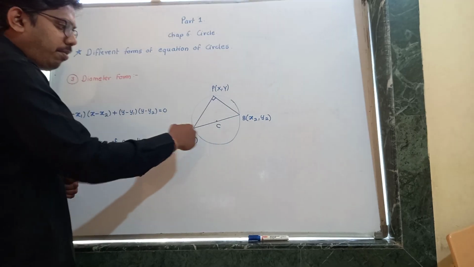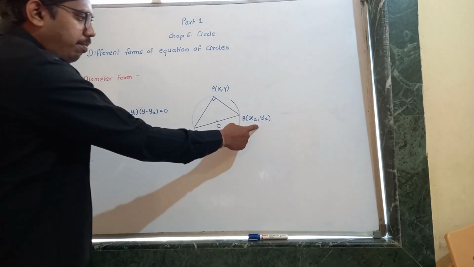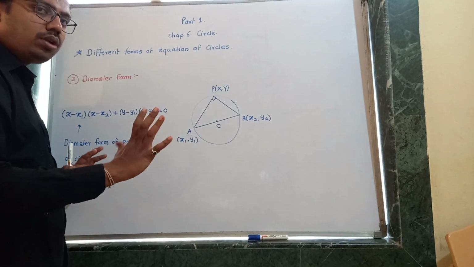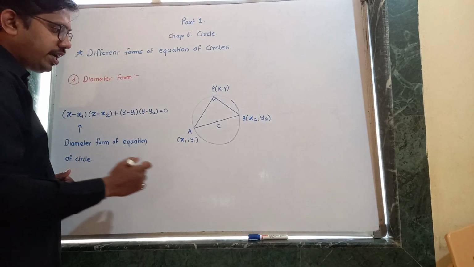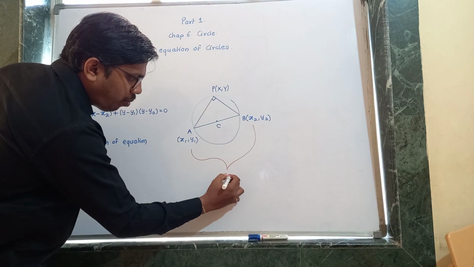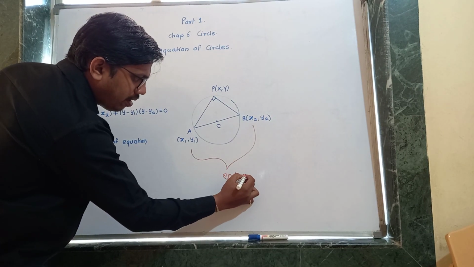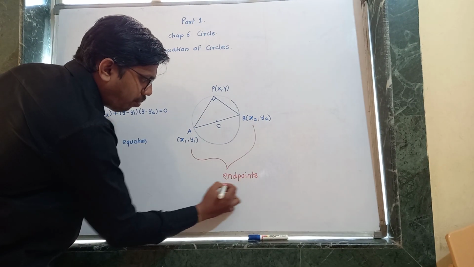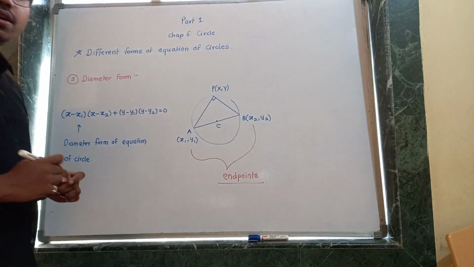For the diameter, A and B are the two last points, so we can say that these two are the end points of the diameter.